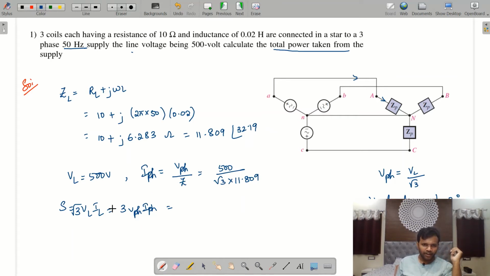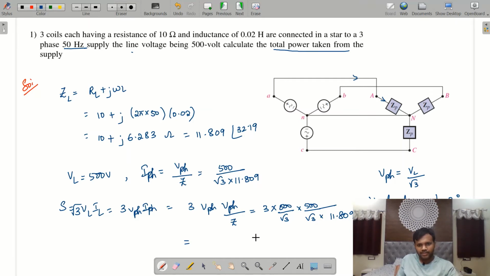Or else directly I write 3 into V phase into I phase, which will be equal to 3 into V phase into V phase by Z. The V phase value is 500 by root 3, so 3 into 500 by root 3 into 500 by root 3, divided by the Z value of 11.809. So 3 into 500 square by 3 into 11.809.